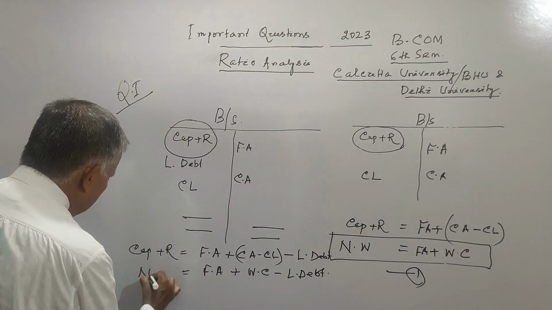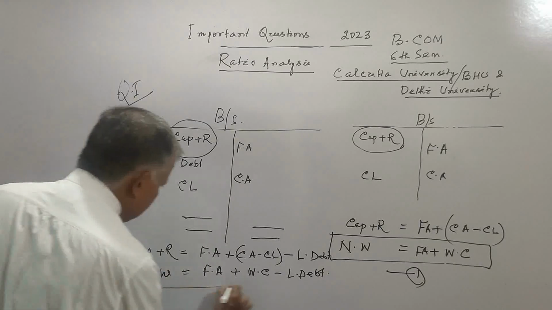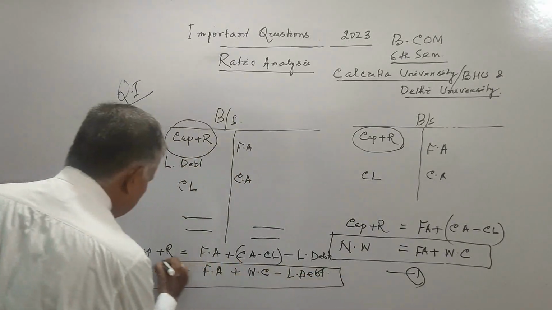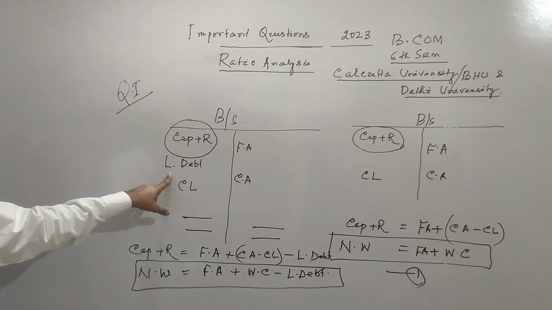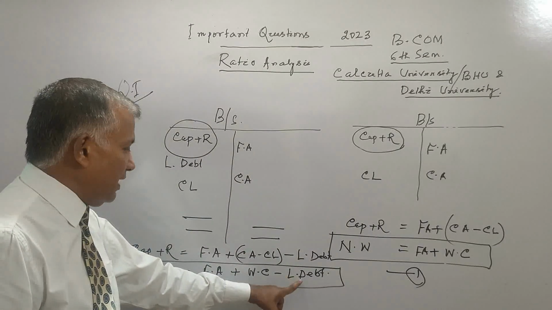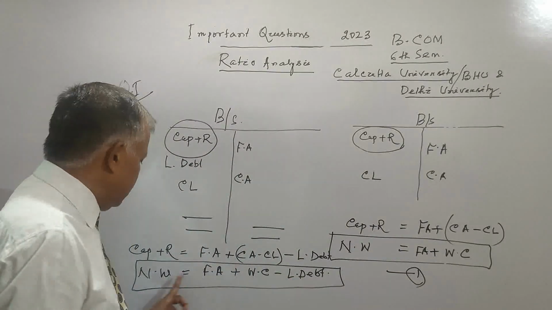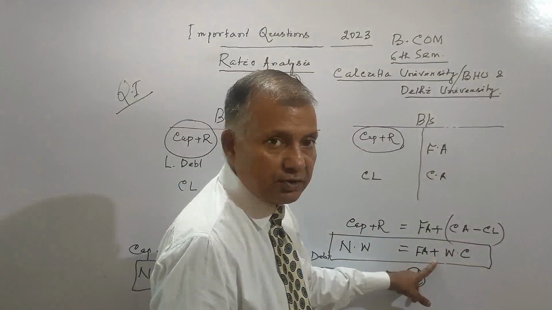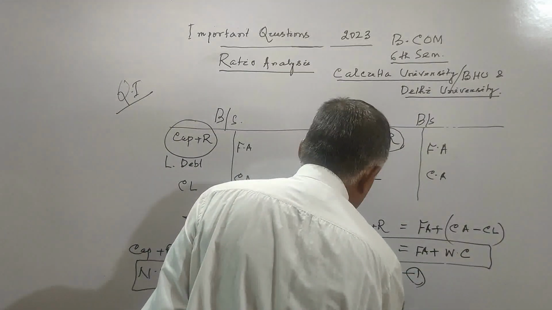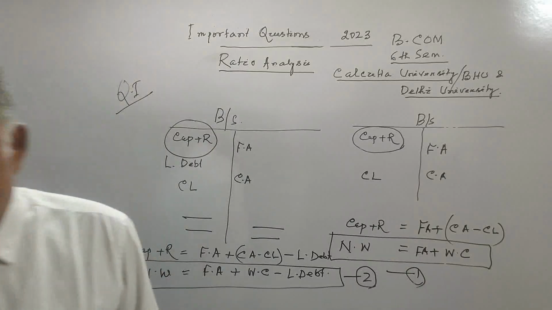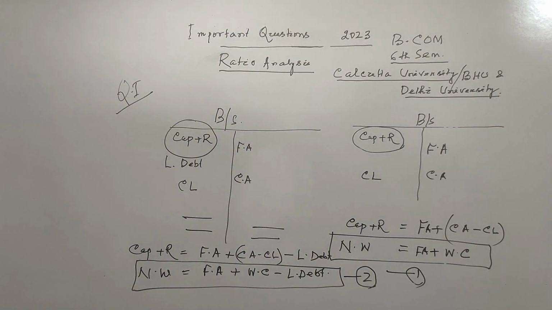This is your net worth. This is another equation where long-term debt is given. If long-term debt is 0, then this equation becomes the first equation. This is equation number 2.